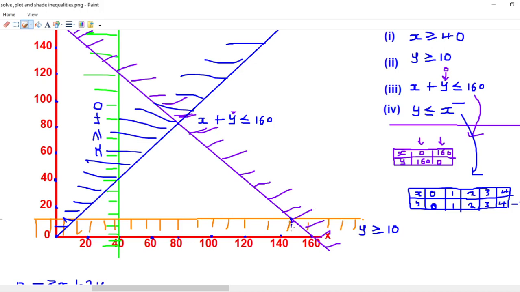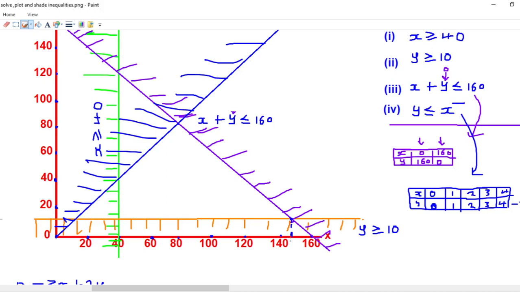So let's take this one here. If we read from here, this will be 145, 10. Now on the x-axis, is it 145? Remember, 2 centimeters represents 20 sausages, so that can't be 145.